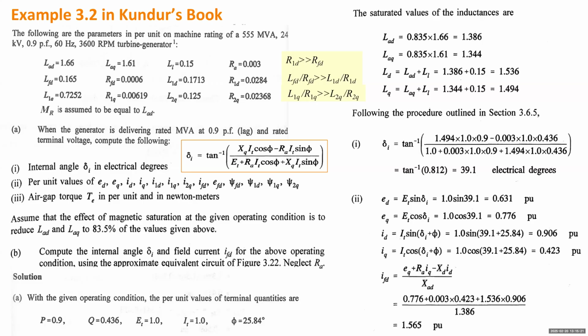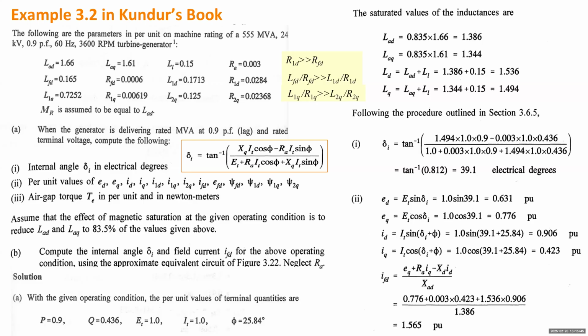So then you just utilize the angle. This angle just indicates the direction of the Q axis. So you can calculate the terminal voltage as a phasor. So ED will be a component in the D axis, and this will be the Q axis.